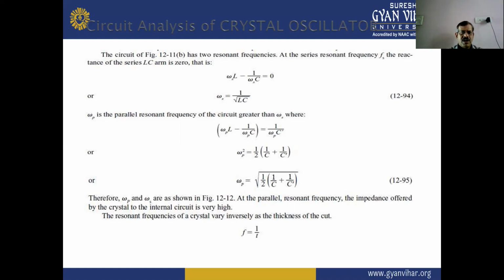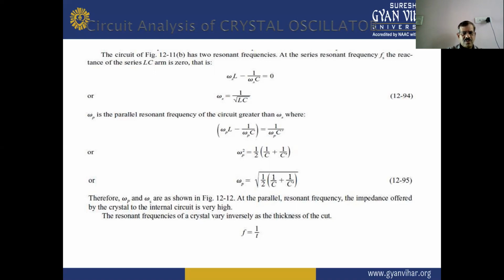And omega P is the parallel resonant frequency of the crystal circuit, greater than omega S, where omega P L minus 1 upon omega P C equal to 1 upon omega P C dash. So we have omega P square equal to 1 upon L into 1 upon C plus 1 upon C dash.